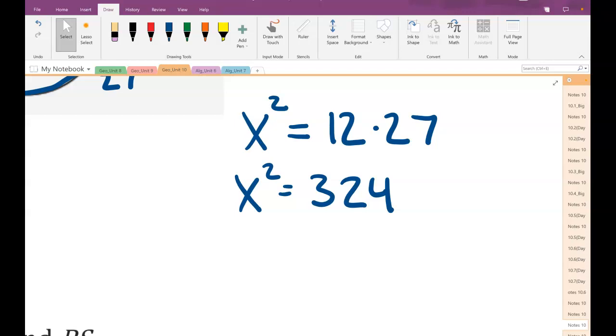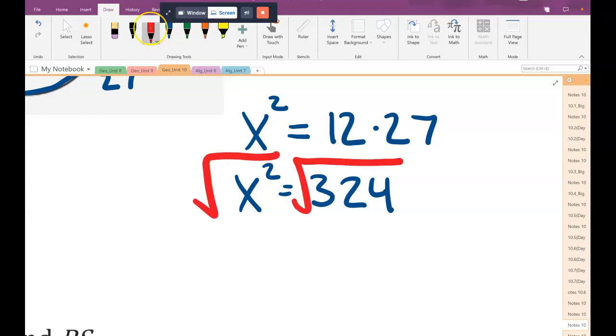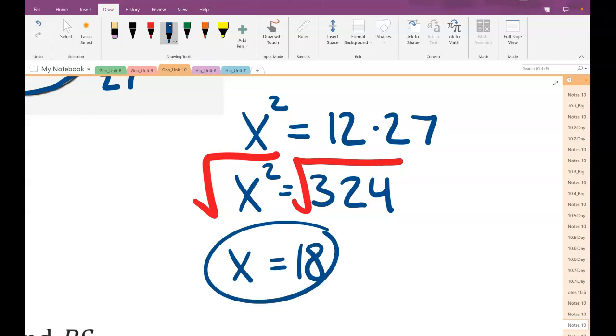So to get an x, there's one x on our left-hand side, we'd have to take the square root of both sides. So we just have then that we have one x, or x to the first, left on this side. And you do this on your calculator, square root of 324. 324 is a perfect square, so you get out a whole number. We'll get out 18. So 18 times 18 is 324.